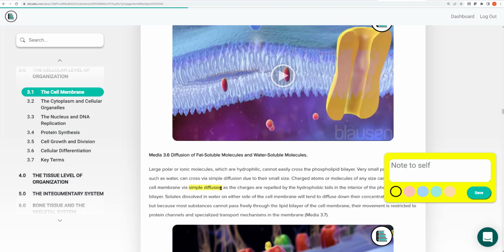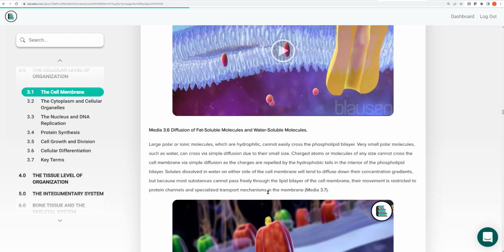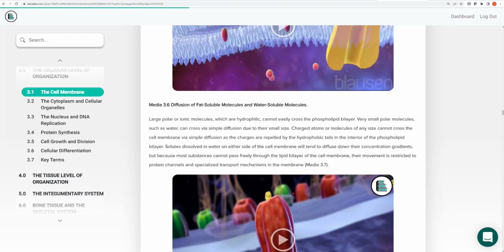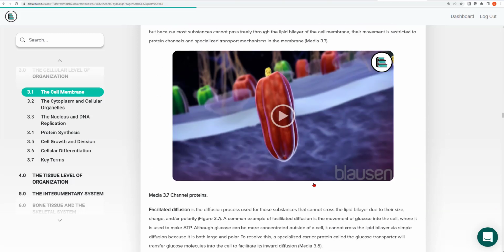In other words, they cannot just go across the membrane like we just saw. Instead, they are going to require movement across the membrane through some sort of protein channel. So this video here will demonstrate this for you, as will this video, and give you the idea of how these molecules are able to move from an area of higher concentration to an area of lower concentration.